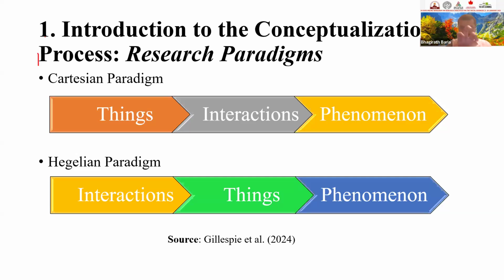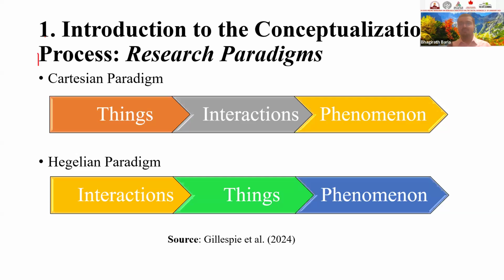From there you take up one part of that interaction, freeze it, take out the things in that part, and then you start analyzing the phenomenon of your interest. That's another philosophy of research, a research paradigm, if you will.